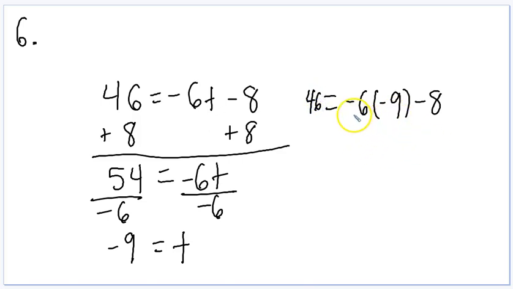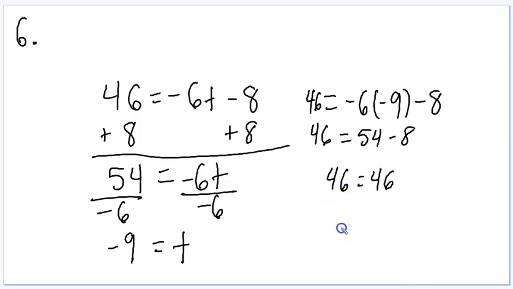So we have to do the multiplication first because PEMDAS. So negative 6 times negative 9, that's going to give me a positive 54 minus 8. And then 54 minus 8 is 46. So 46 equals 46. Bingo bango. Moving on to the next question.